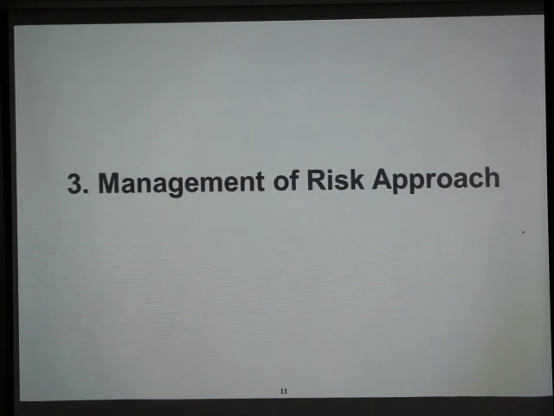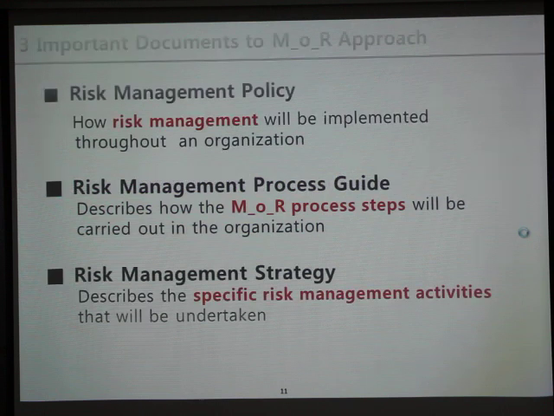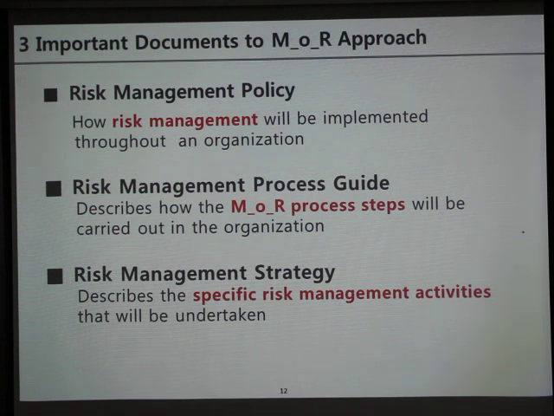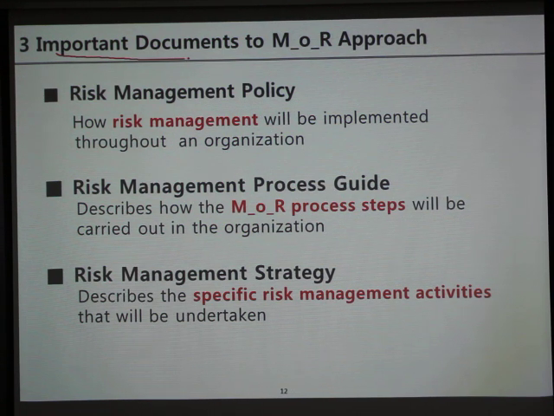Let's look at the management of risk approach. Well, the MOR approach describes the way in which the principles are implemented. There are three types of important documents in the MOR approach.